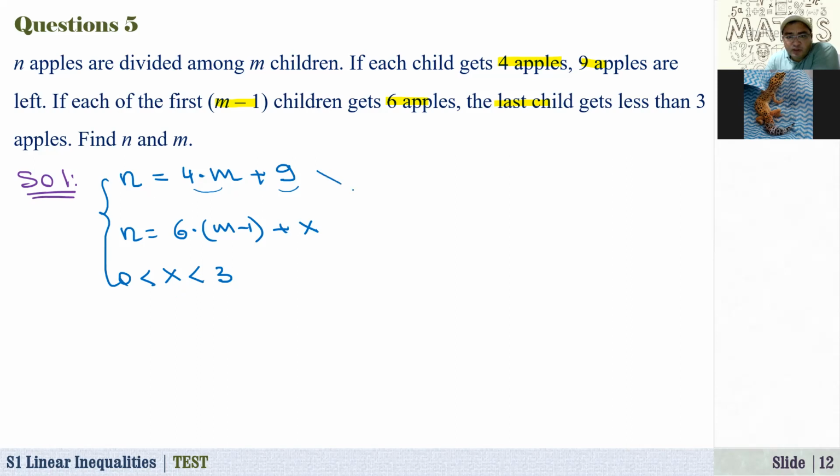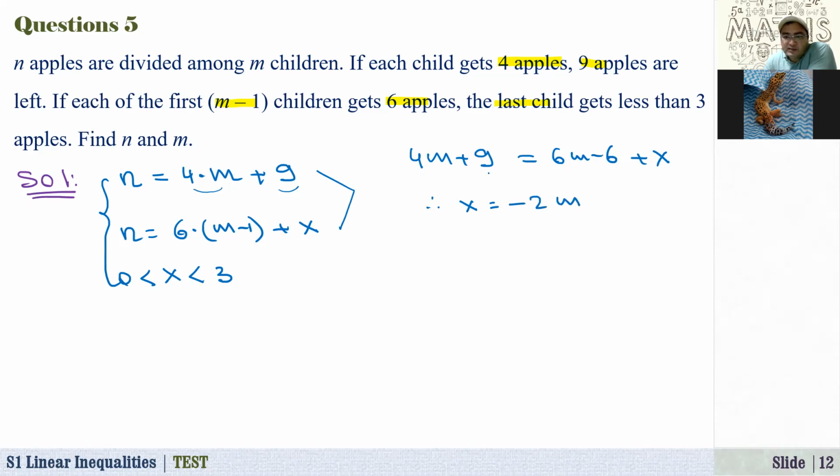Now from these two equations, the left-hand sides are equal, N. That means 4M plus 9 should be equal to, if you expand this, 6M minus 6 plus X. So what is X? X is equal to, taking 6M to the left-hand side, 4M minus 6M, that is minus 2M.